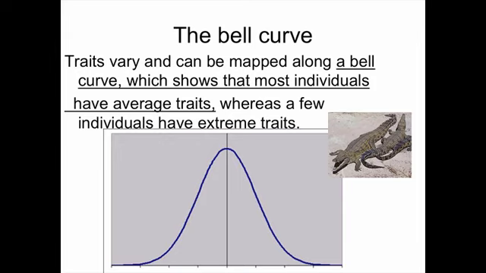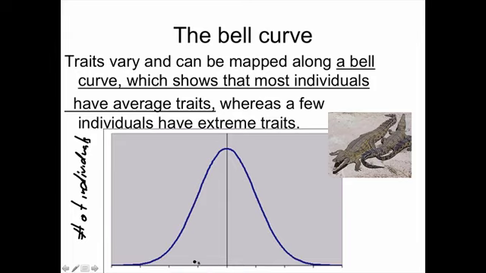Now, as you look at those traits, you'll find that usually for most traits there's going to be an average where most individuals within that species have that version of the trait. Let me give you an example using these crocodiles. When you look at a bell curve here, on the y-axis is the number of individuals that represent a version of that trait.